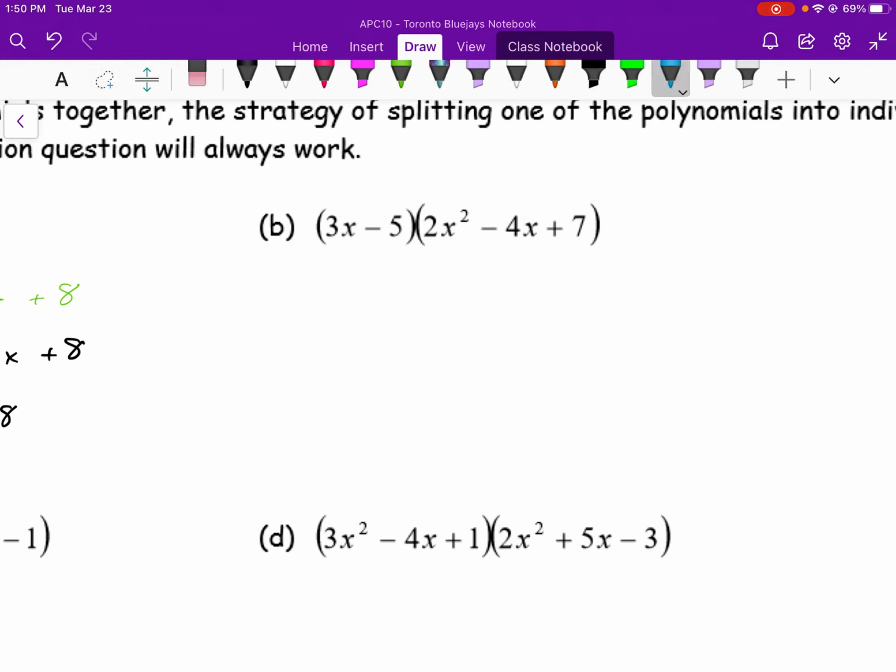So here, I'm just going to make sure I have my first polynomial. Each term of the polynomial has to kiss every other term of the second polynomial.